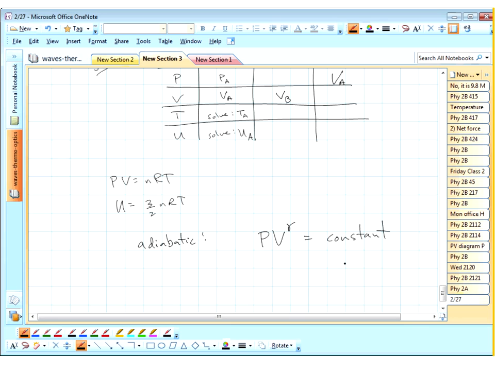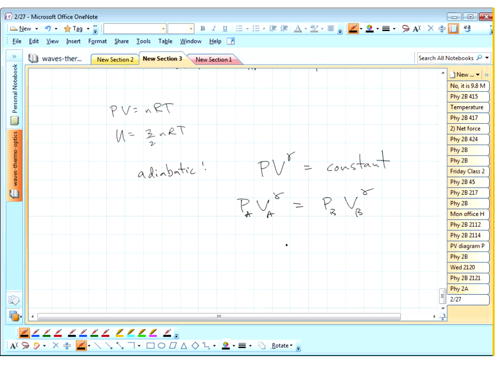So that's what we know. That means that PA, VA to the gamma has to equal PB, VB to the gamma. And if this is a monatomic ideal gas, gamma is equal to 5/3.